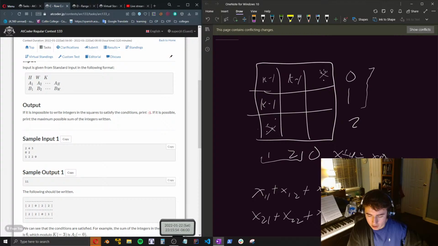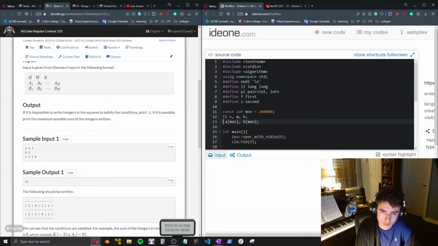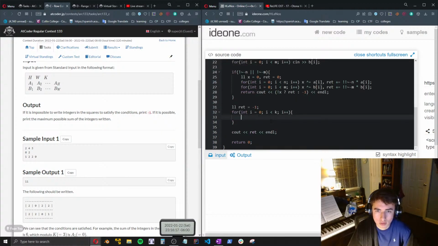I don't know. I'm just gonna do some magic proof by AC because I'm not entirely sure if this is right. So what is the value of this? This is k minus 1 times n minus 1 times n minus 1 minus 1. Let me make this all long. I don't want no overflow like yesterday.